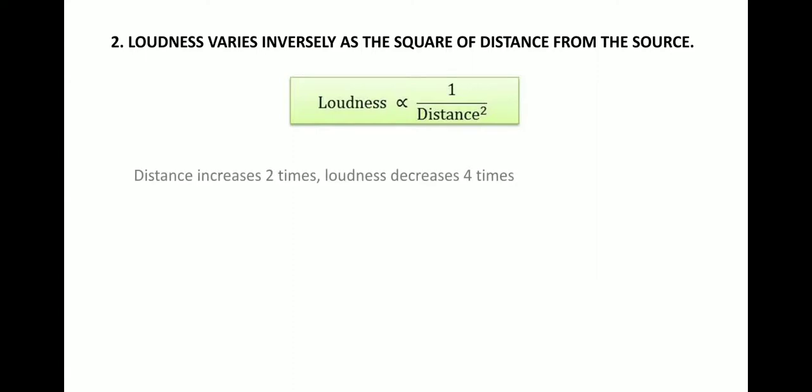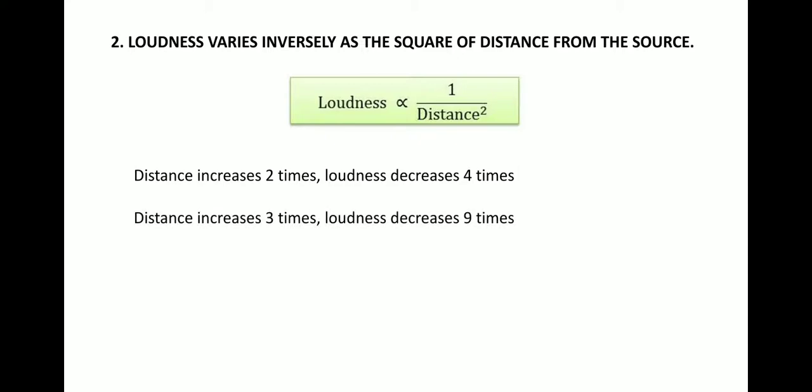Mathematically, we write it as loudness proportional to 1 by distance squared. This means that if distance increases 2 times, then the loudness will decrease 4 times. If the distance increases 3 times, then the loudness decreases 9 times, and so on.